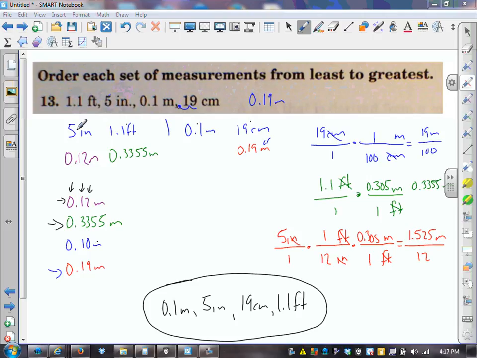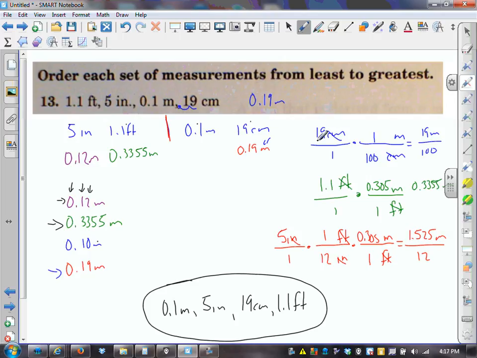So I just did a little bit of ordering, 5 inches, 1 foot, and then I said I don't really know how they compared to the meters and centimeters yet, but I know that 0.1 meters is less than 19 centimeters. Why? Because if I move the decimal place over 2 times, because there are 100 centimeters in 1 meter, 19 centimeters is 0.19 meters. So 19 centimeters is more than 0.1 meters.